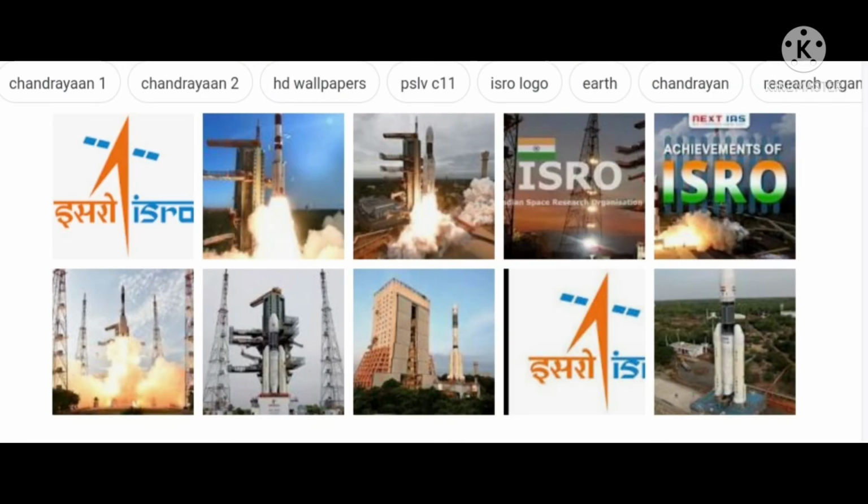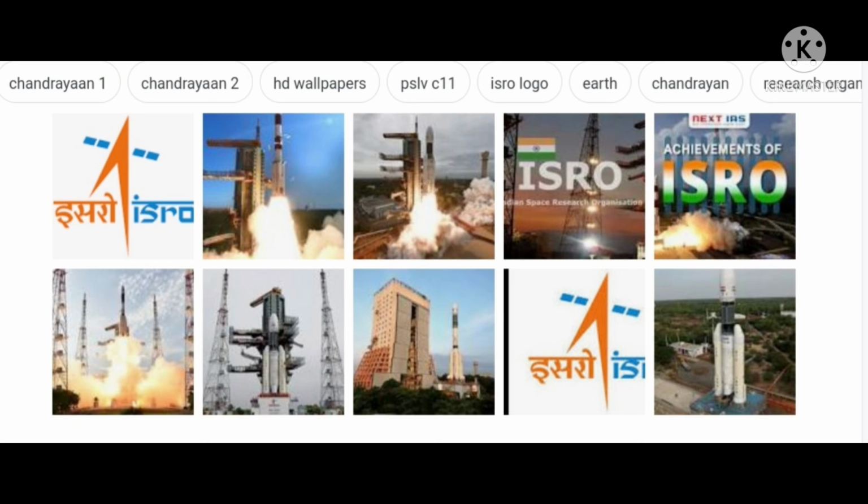Now let me tell you about Chandrayaan-2 mission. You know, Chandrayaan-2 mission is a highly complex mission, which represents a significant technological leap compared to the previous missions of the ISRO, which brought together an orbiter, a lander, and a rover with the goal of exploring the South Pole of the Moon.